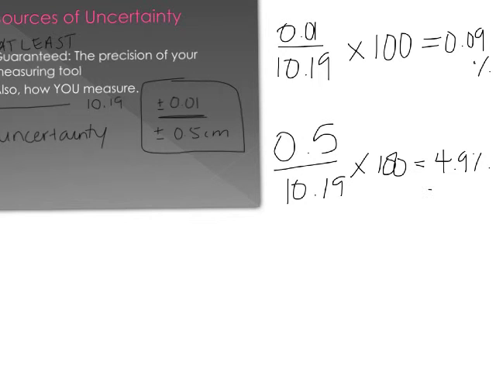This is more within the realm of reality, and maybe even a little higher than that when we're actually doing labs. So more often than not, you will need to add some estimated uncertainty in there for it to be more realistic.